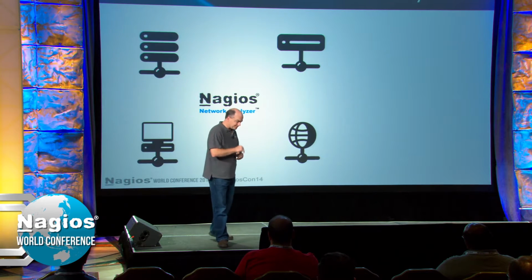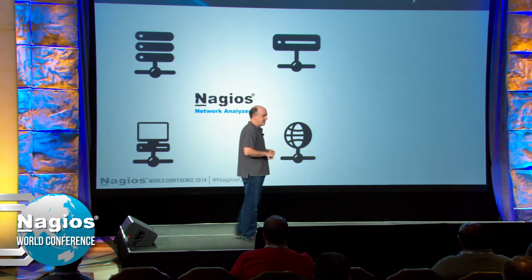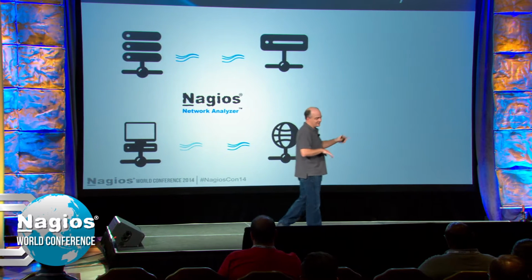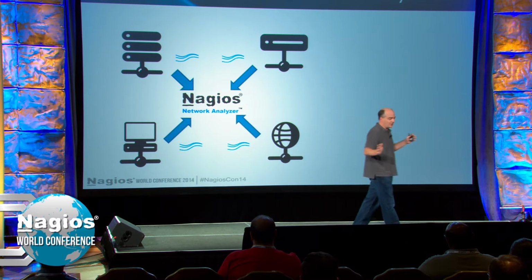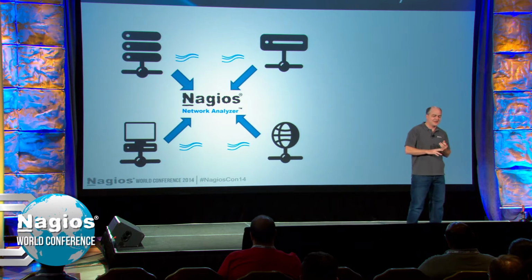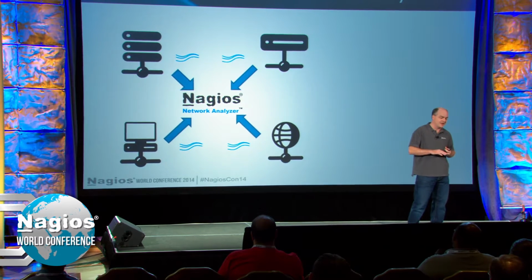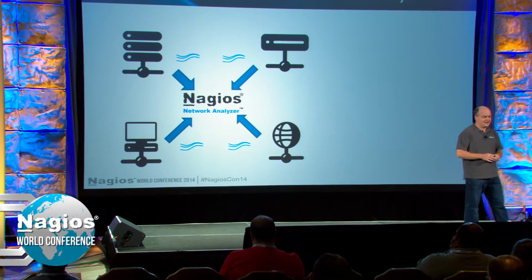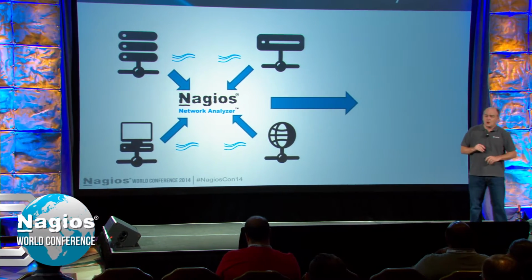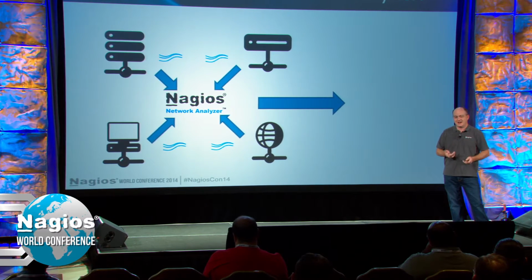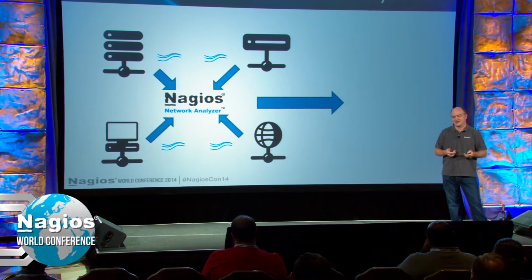Nagios Network Analyzer takes the information that comes in from all of your devices. And like I mentioned, these can be switches, routers, individual systems, Linux or Windows systems, and we pass that data into Nagios Network Analyzer. Once the information's in Nagios Network Analyzer, you can take actions on that.